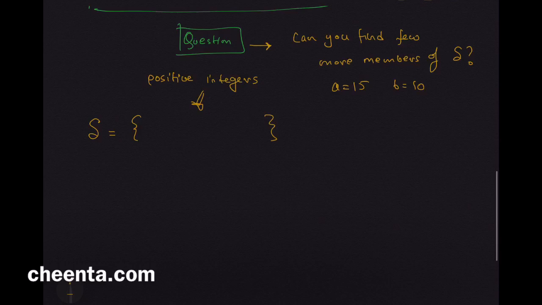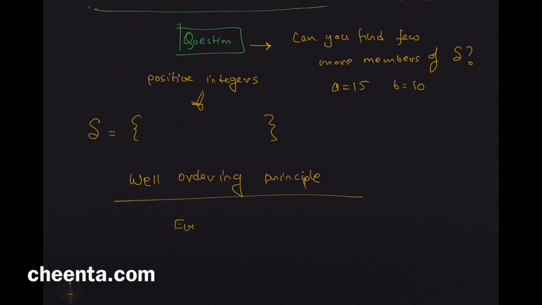So this is where we will use the well ordering principle. What is the well ordering principle? Well, roughly it says that every set of non-negative integers contains a least element.